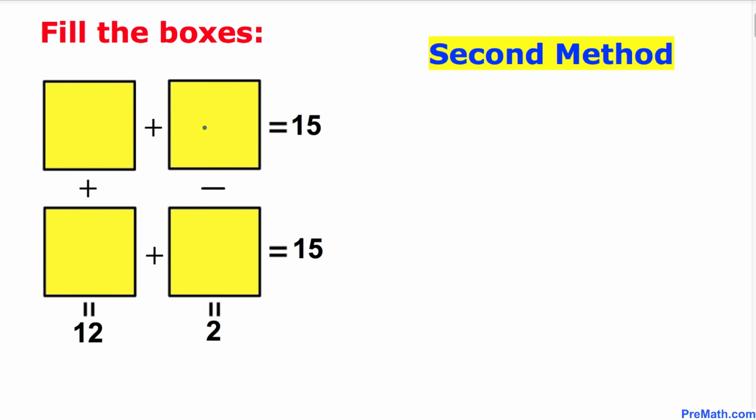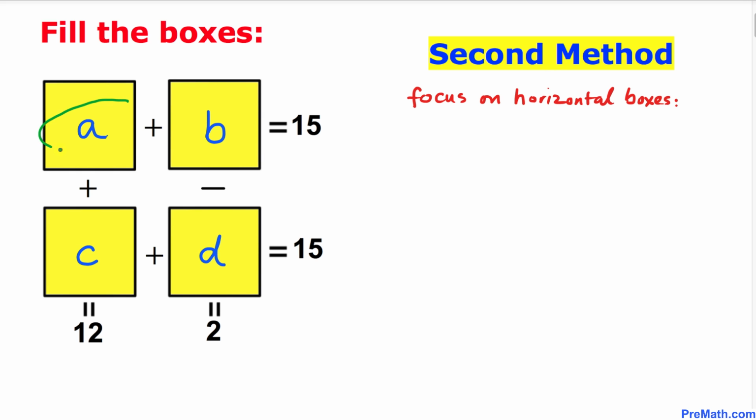So let's focus on these boxes once again, and let me label them once again. This time I'm going to label them as A, B, C, and D. And here's our very first step. Let's focus on these horizontal boxes.